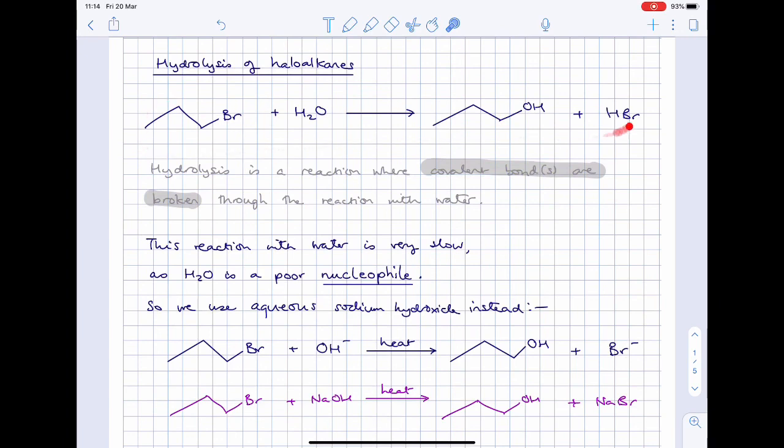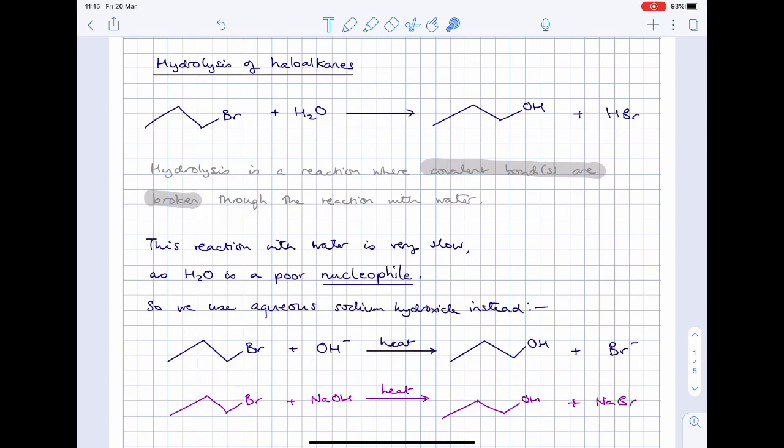The problem with this reaction is it is very slow. If we just use water with the haloalkane, this is a very slow reaction. So it wouldn't be a good reaction for us to do in industry if we want to produce our products quickly.